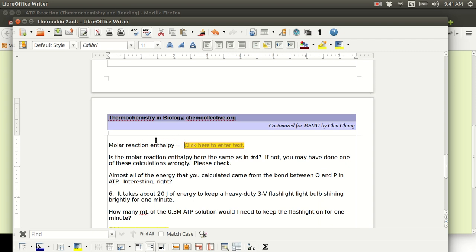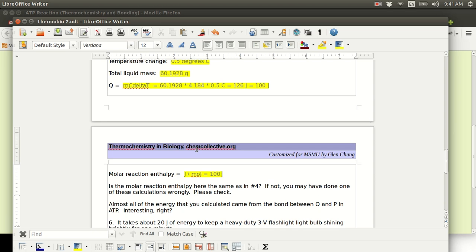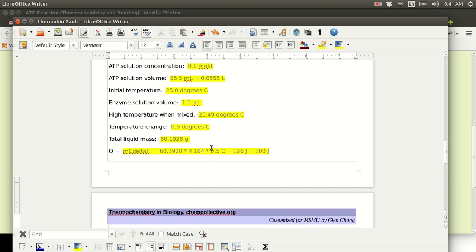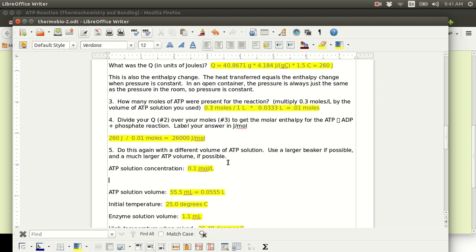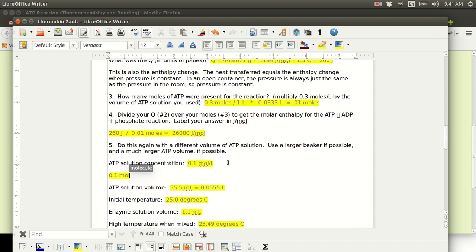So, molar reaction enthalpy. What is this? This is joules per mole. So, just like last time, I'm going to divide my joules by the moles, which with the joules were 100 joules, and the moles were, what were the moles? Oh, forgot to ask you. It's 0.1 moles per liter.